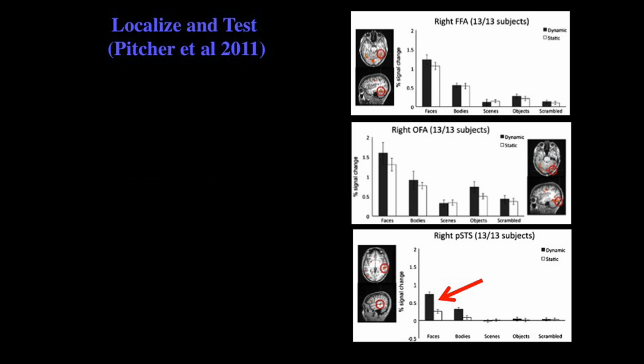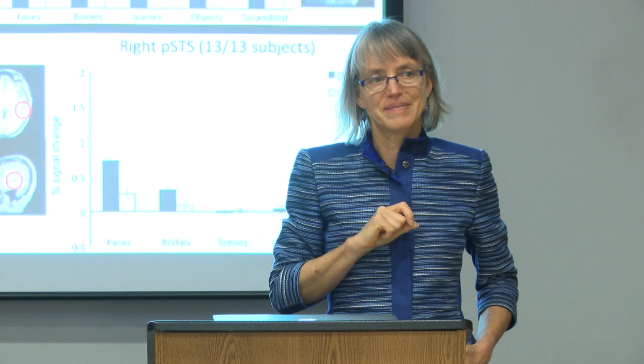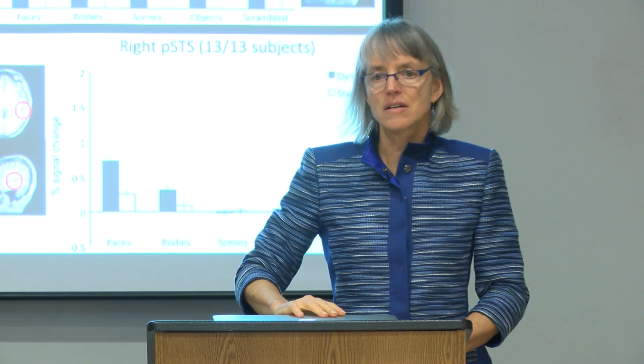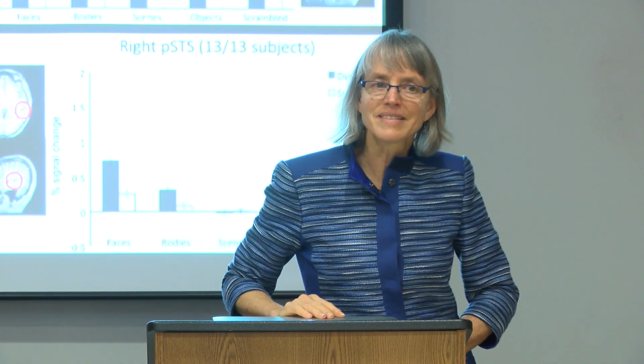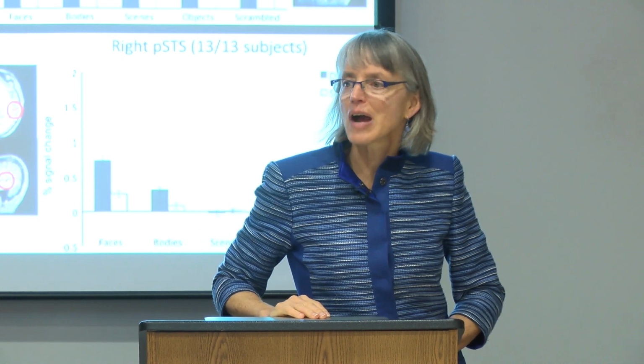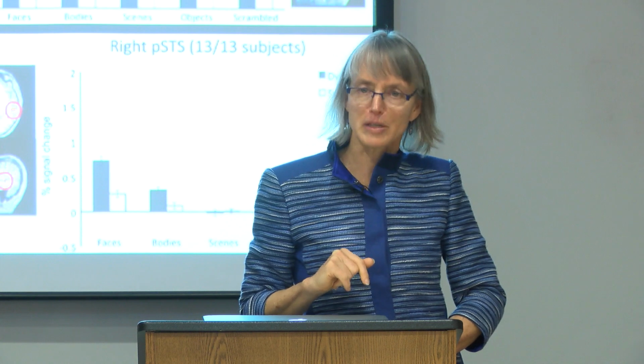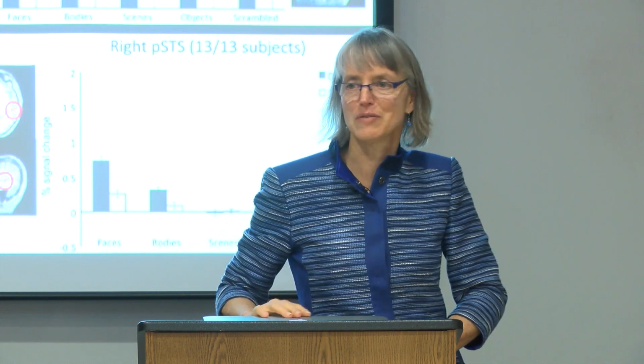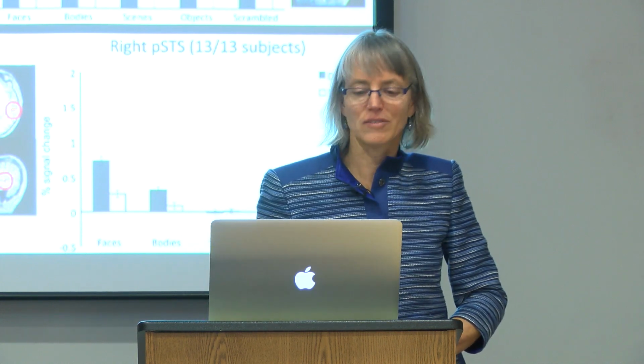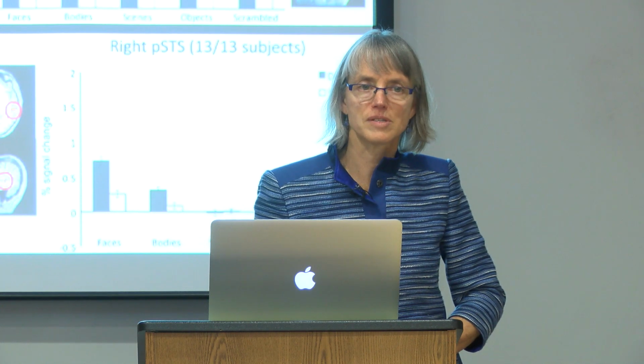The response is about 3 times as high to face movies as to those 3 1-second stills from the very same movies. We don't know why that is, but I think the entire hypothesis space of all the things it might be is interesting. We haven't nailed which of them is right, but I think it's very important and interesting.